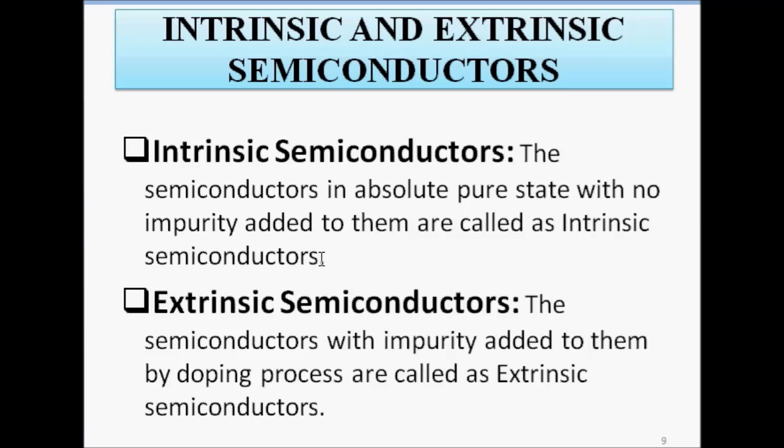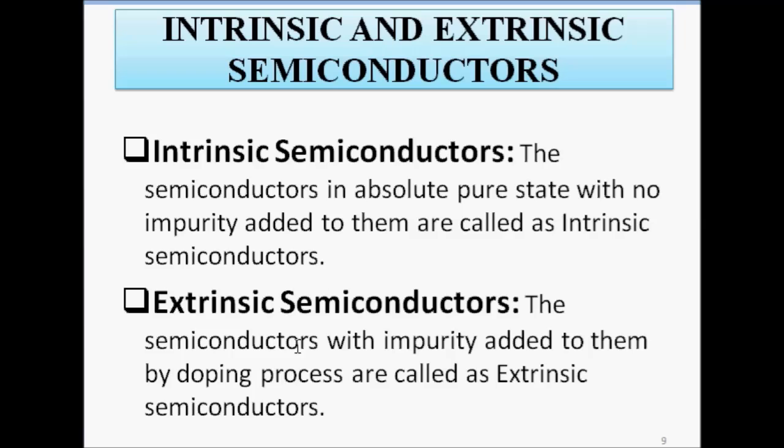A question might be popping up in your head: why are impurities needed to be added to semiconductors? Well, it has been found that when a certain impurity or external material is added to an intrinsic or pure semiconductor, its conductivity increases many times.